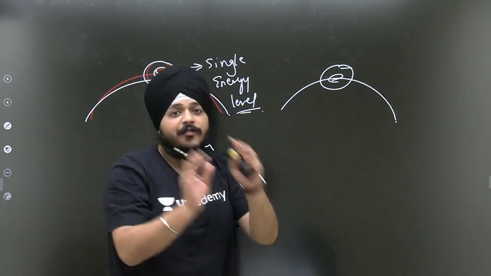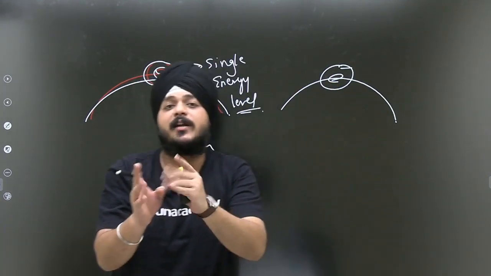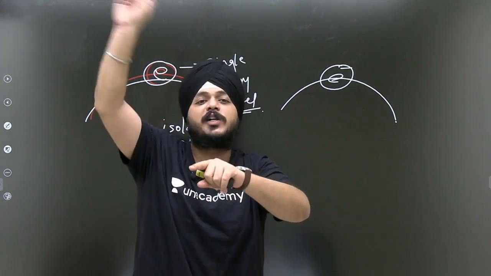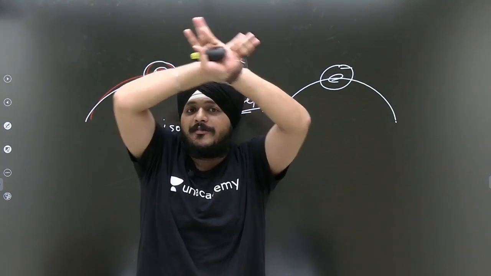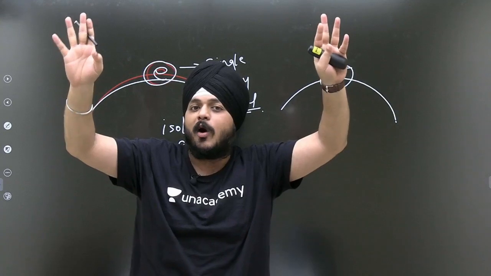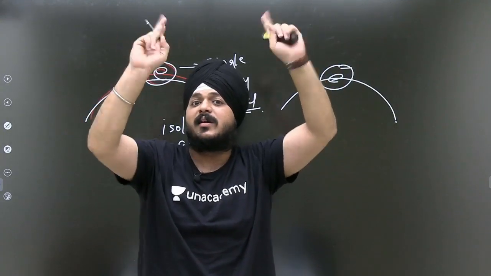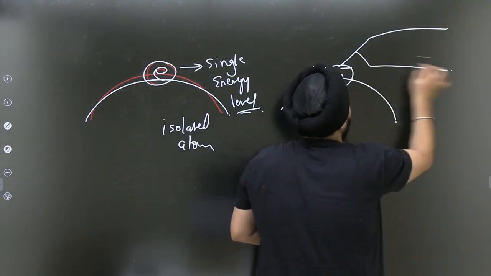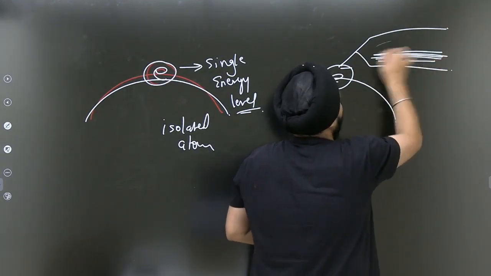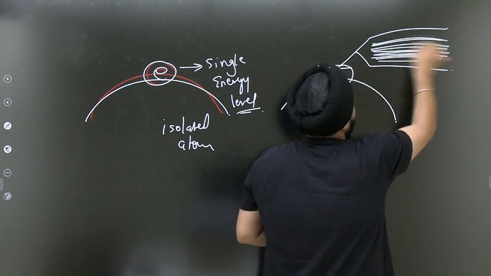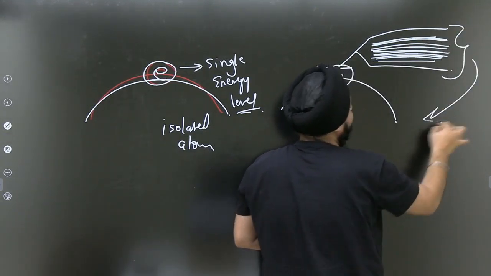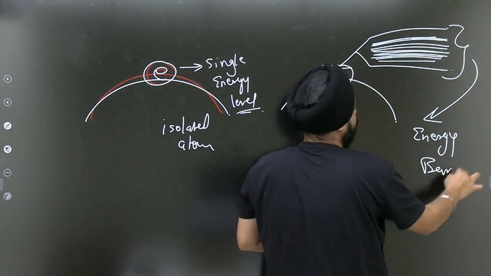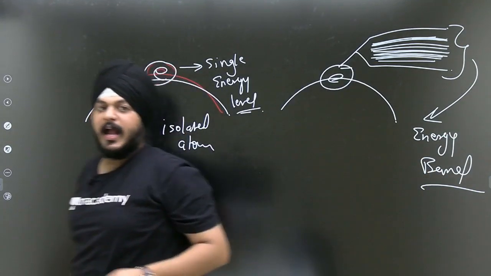So if there are Avogadro number of atoms in 1 mole, and all the atoms have some specific electrons in the outermost orbit, then all the electrons in the outermost orbit will not have the same energy level. They will have different energy levels, and those energy levels together make up a band-like situation that is known as an energy band. Okay guys, right?